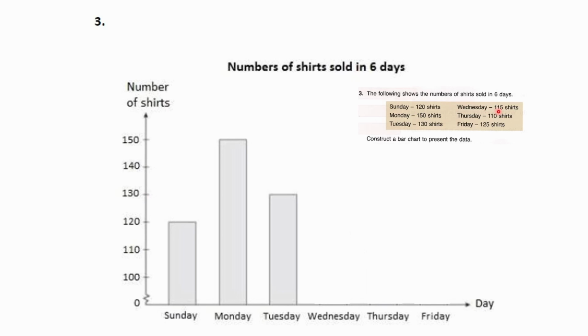Wednesday is 115 shirts. So there's 100, 110, 120. So 115 will be about here, about halfway. Use your ruler to measure across and draw your line.